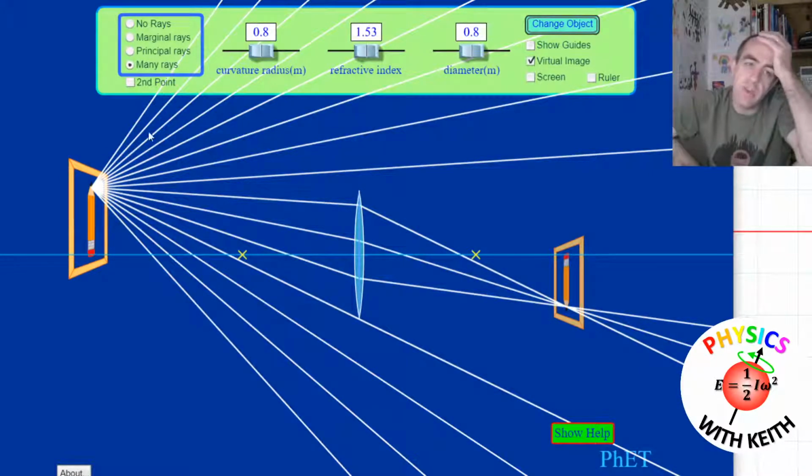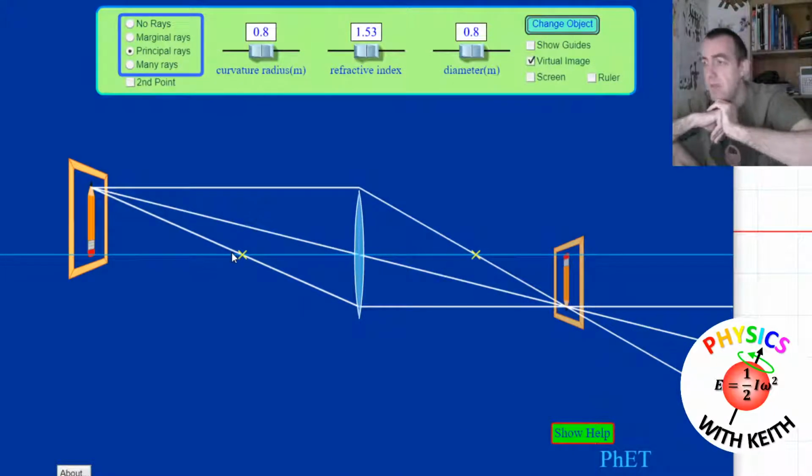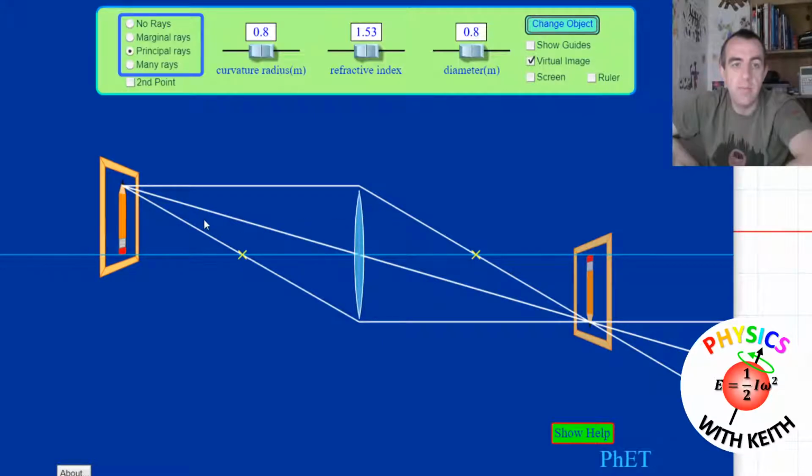The second cheat we do is we don't try and draw every ray, because there's an infinite number of rays being reflected off the top of this object. So what we do is we choose 3 principal rays, and you have to learn what those 3 principal rays are. And it doesn't matter if the object is bigger than the lens. So if I had a smaller lens like this, we would still draw the same 3 principal rays. You'll notice that all that happens when the lens is bigger is it catches more light and therefore makes the image brighter.